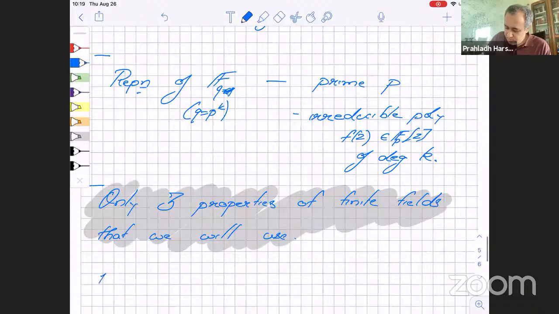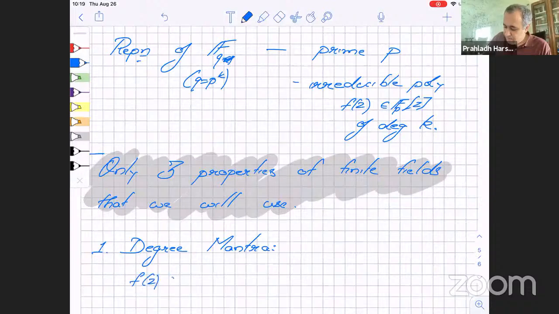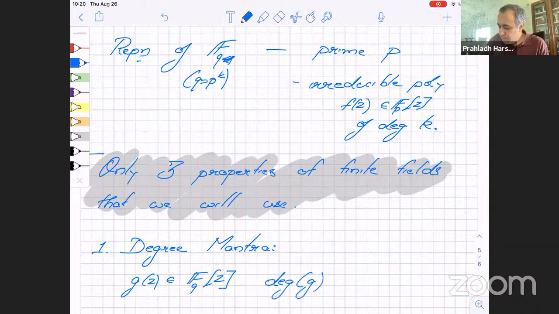First is what I'm going to call the degree mantra. Let g(z) be a polynomial whose coefficients come from the finite field F_q, and the degree of g is exactly d.